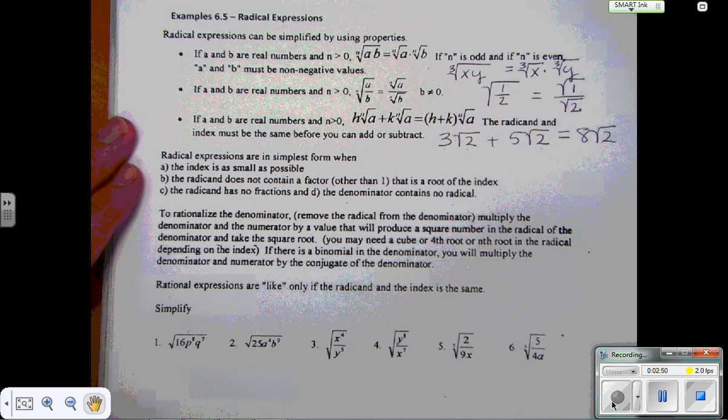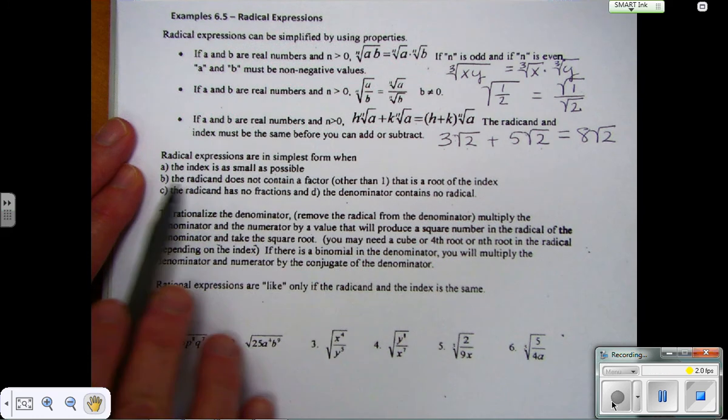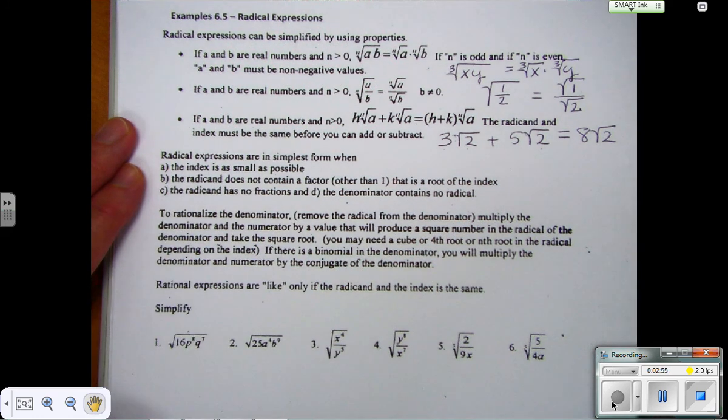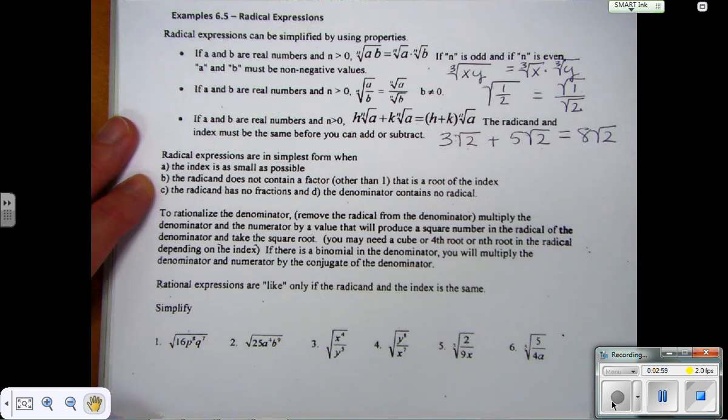Okay, so radical expressions are in simplest form when the index is as small as possible. So the number for your root is as small as possible, and we'll probably work with that more later. Not really much in this section. The radicand does not contain a factor other than 1 that is a root of the index. So that means you can't simplify it anymore.